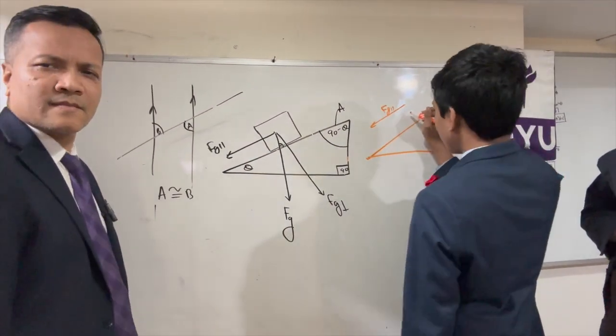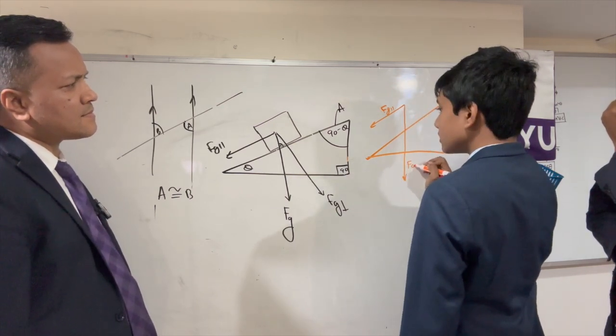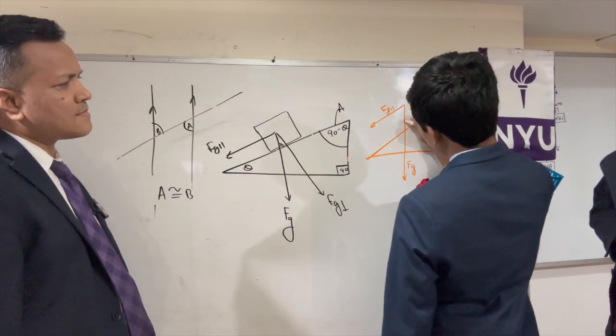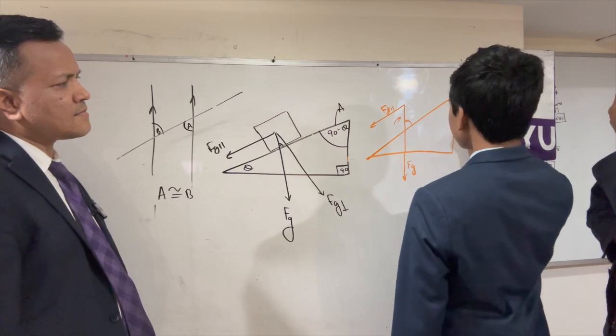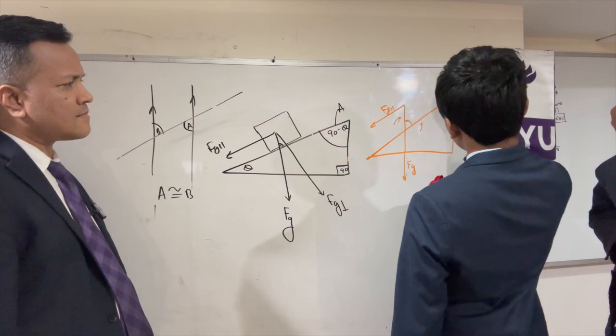And so that means that we have regular FG going down this way, and we're trying to find this angle right over here. Of course, since this is parallel to that, and this is parallel to, wait.